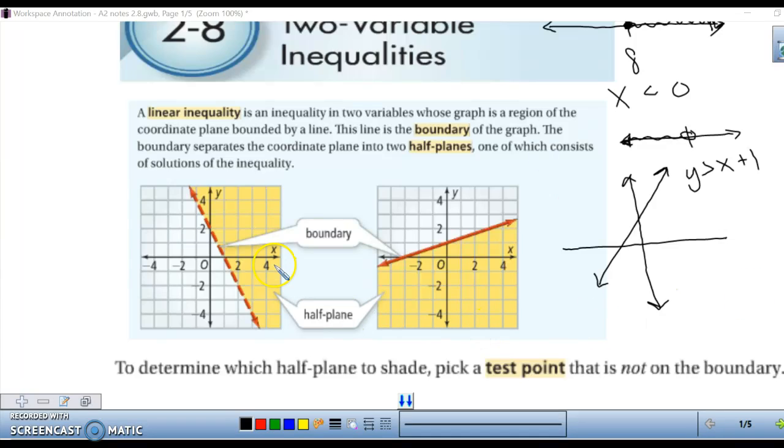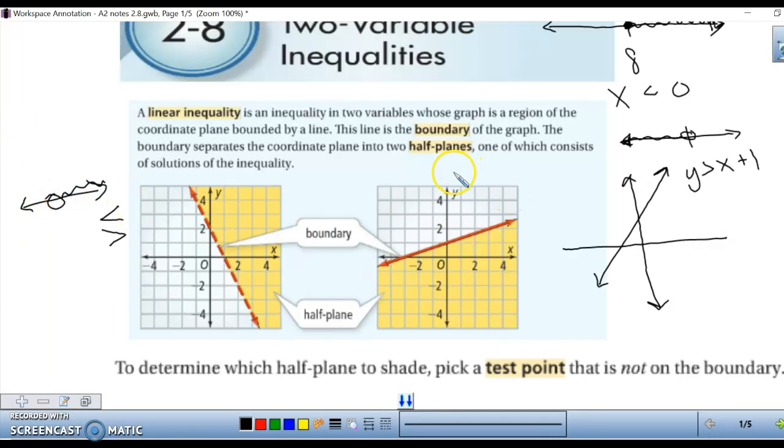In these examples, notice how we have a dotted line or a solid line. A dotted line goes with greater than or less than. That's like your open circle on a number line.